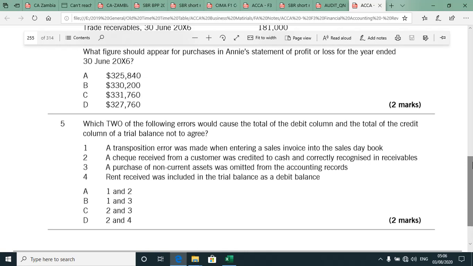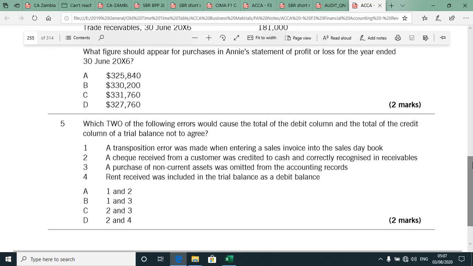Then 3 says the purchase of non-current assets was omitted from the accounting records. This will not cause the trial balance not to agree. And then 4 says rent received was included in the trial balance as a debit balance, assuming of course that on the other side, when we posted the bank account, the cash account, we also debited, we'd still have a double debit in this case.